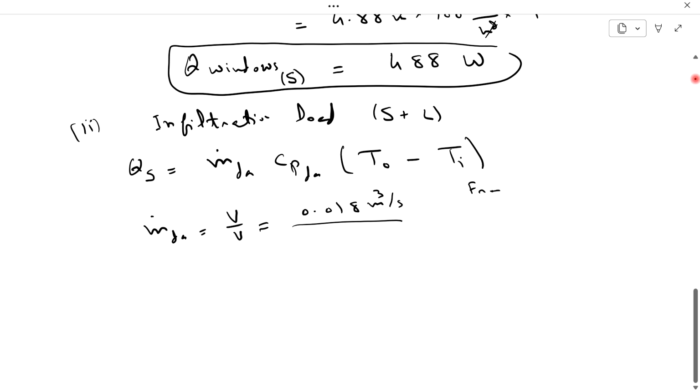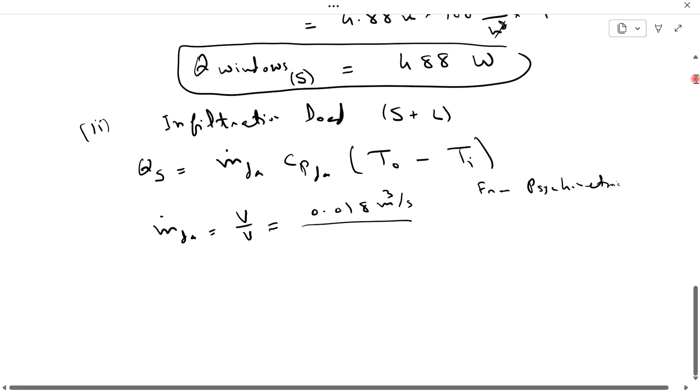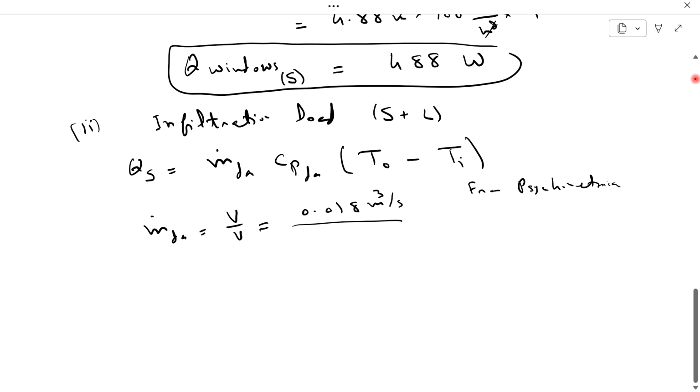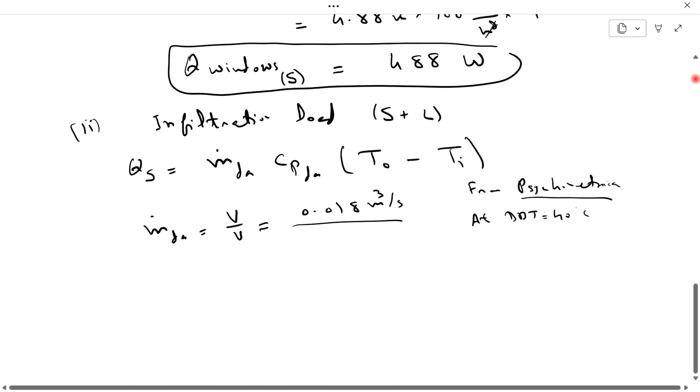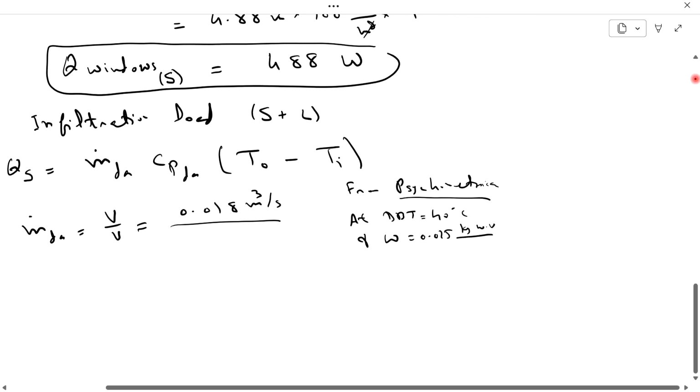Psychrometric chart at dry bulb temperature of 40 degrees centigrade, and specific humidity is equal to 0.015 kilogram of water vapor per kilogram of dry air.